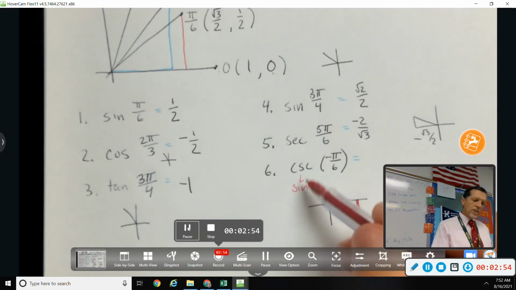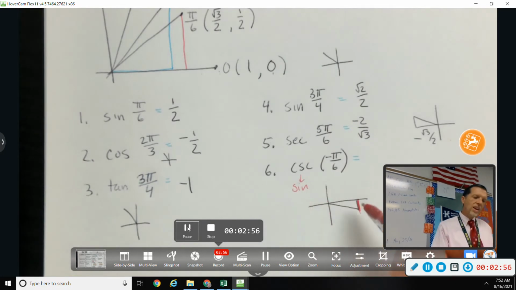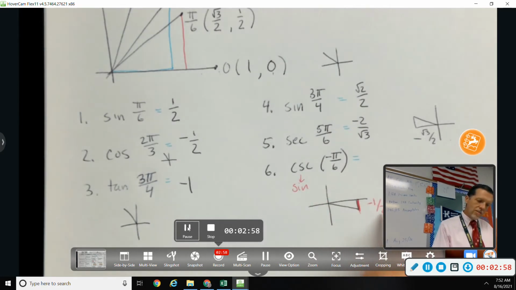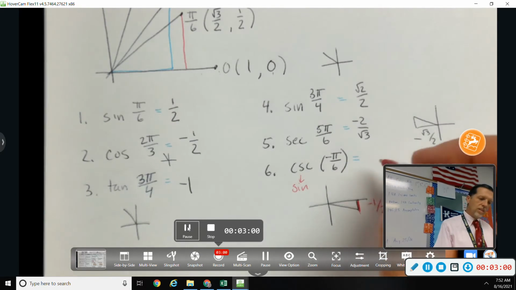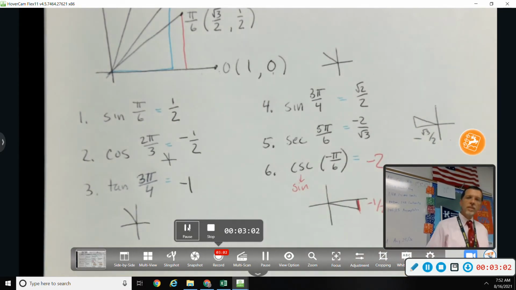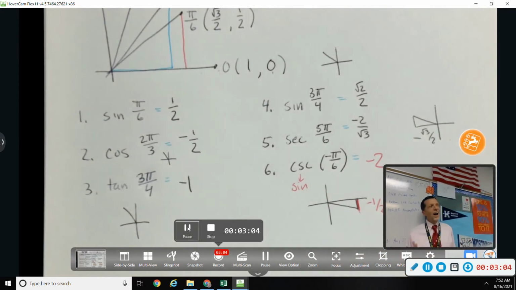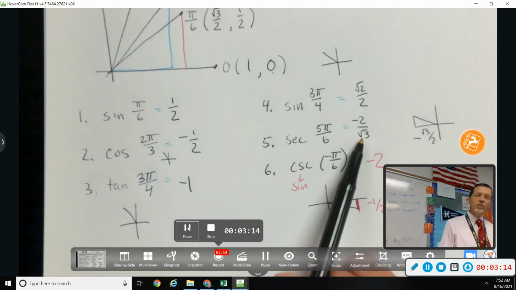So cosecant is the flip of sine. Sine is negative 1/2. But we need to flip it. So negative 2. Yep. So I know it's been a while, but hopefully it felt like it was coming back for you. On number 5, do you want us to multiply by the square root of 3 to get it? Great question. You don't have to.